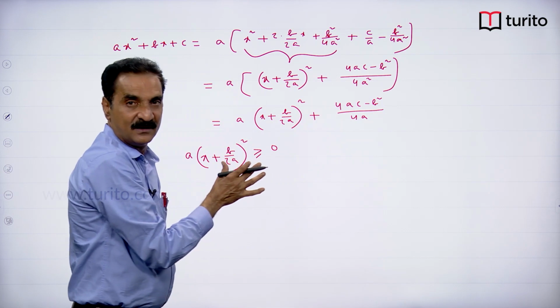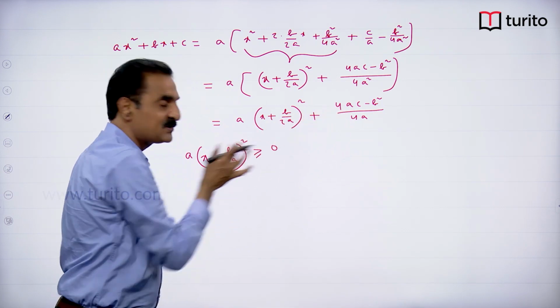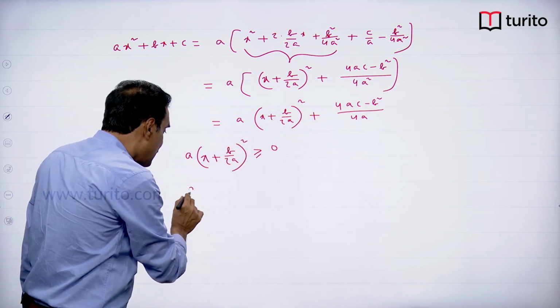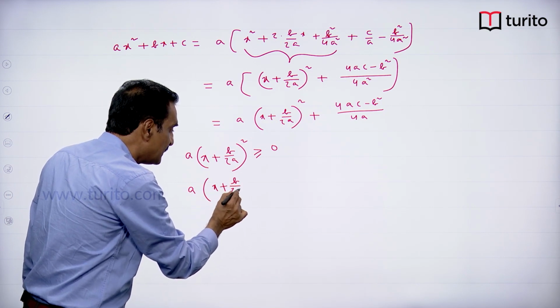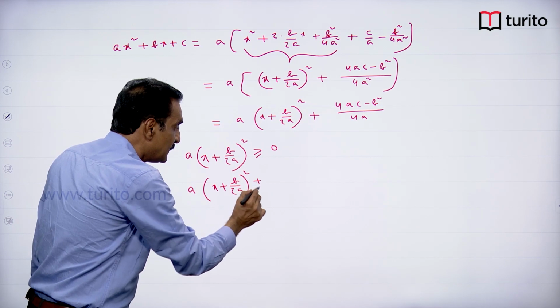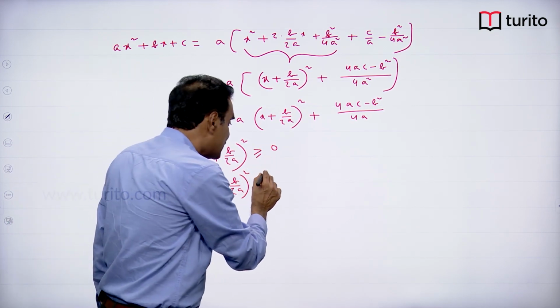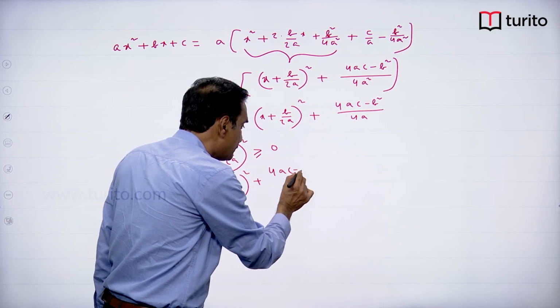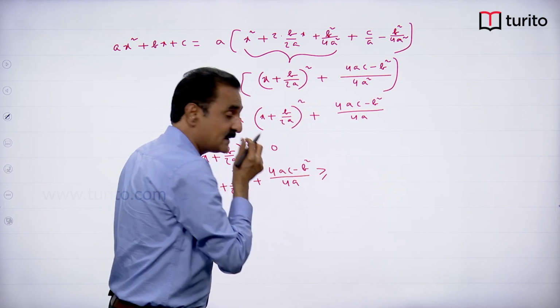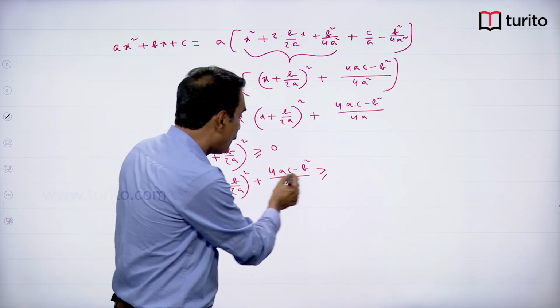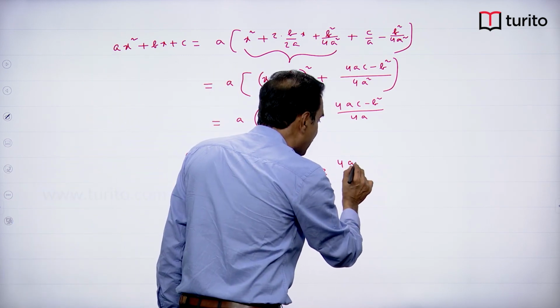Now, this is constant. If you add this constant on both sides, a into x plus b by 2a whole square plus 4ac minus b square by 4a is always greater than or equal to 4ac minus b square by 4a.